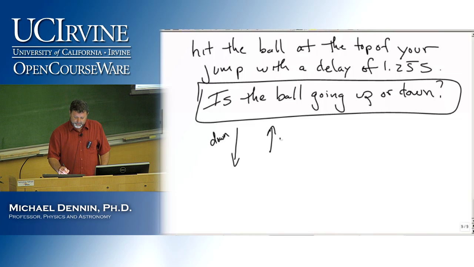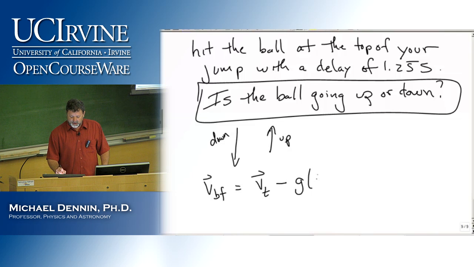Ball going up is positive. So this is about velocity. So fundamentally, I'm going to worry about the velocity of the ball. Its final velocity is whatever its initial is, minus g times the total time it's in the air, which is the delay time plus the flight time.